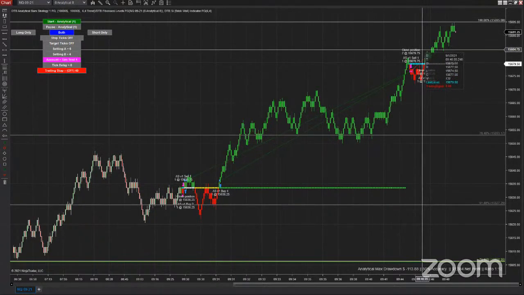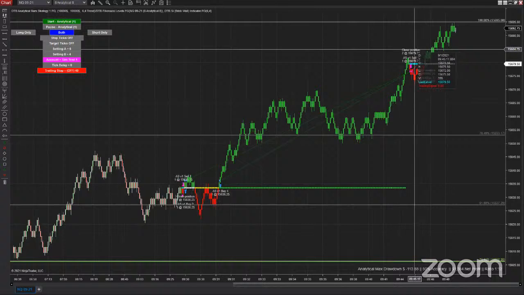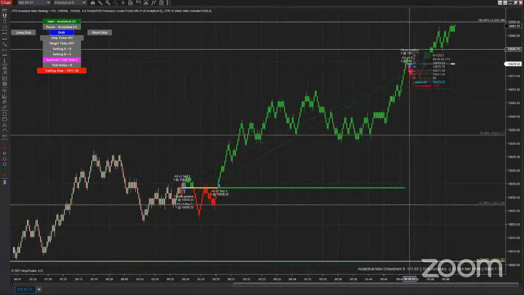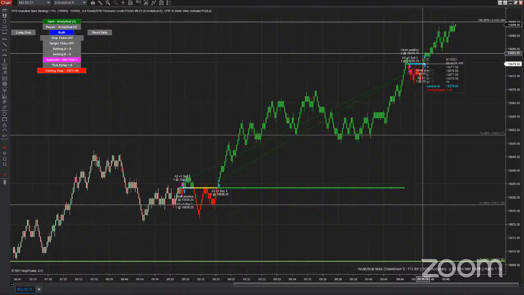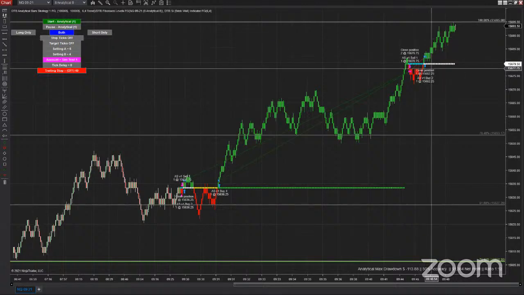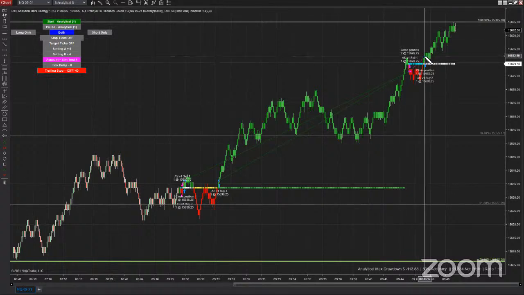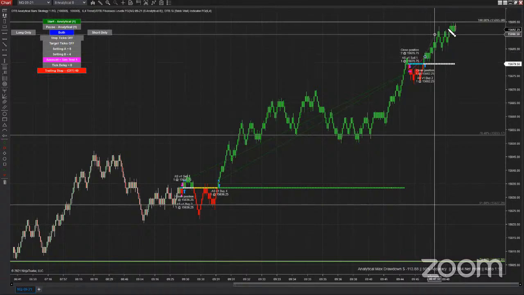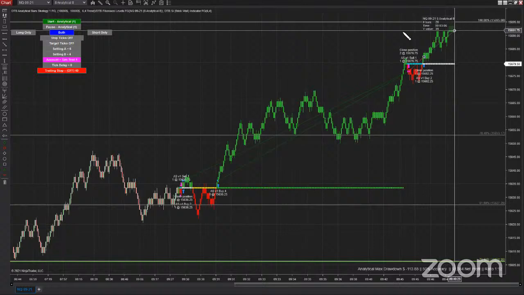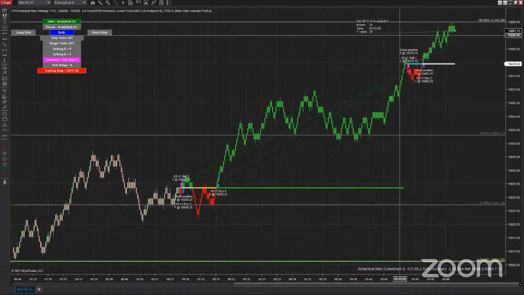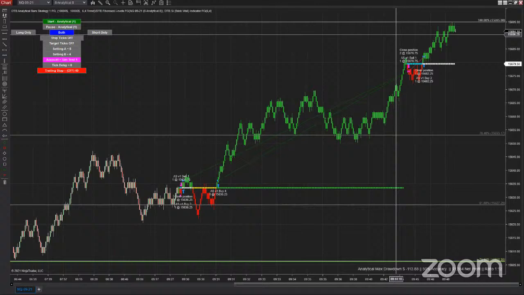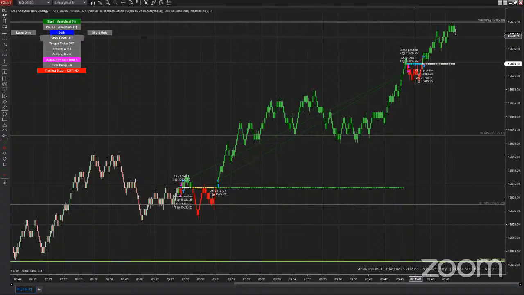If we had activated that strategy on wait until flat, just after 9:45, then we would have currently been in one position long at the moment. So that is exactly where the last position has entered, and it would be up 40 ticks. So did anybody manage to activate their strategy in time and are in positions at the moment?